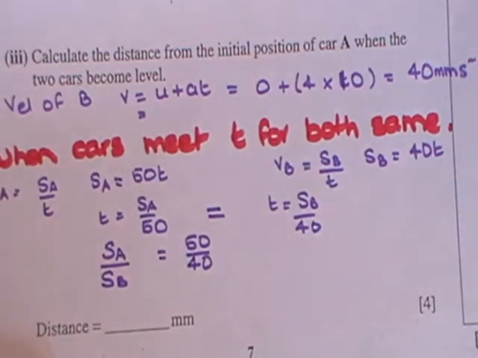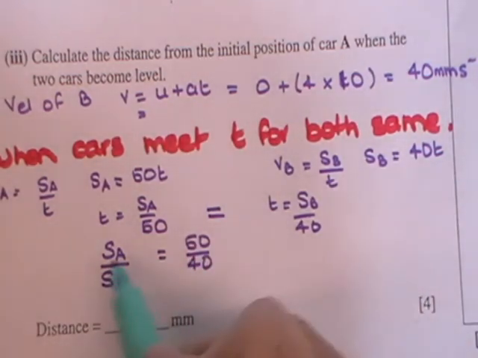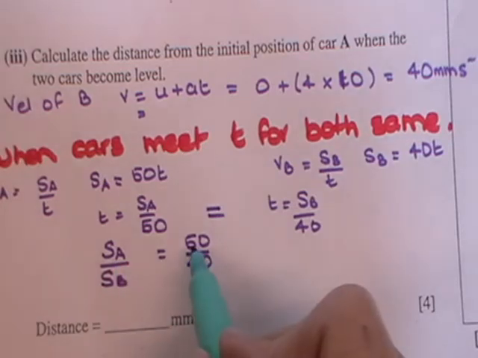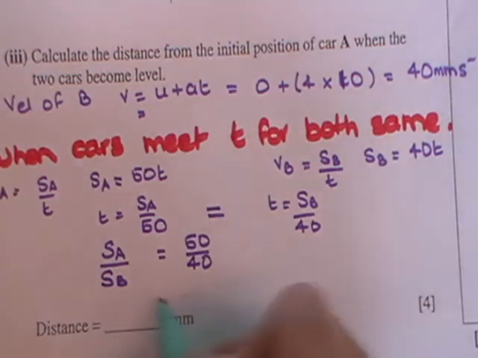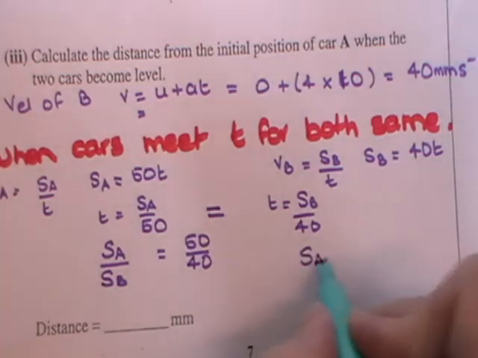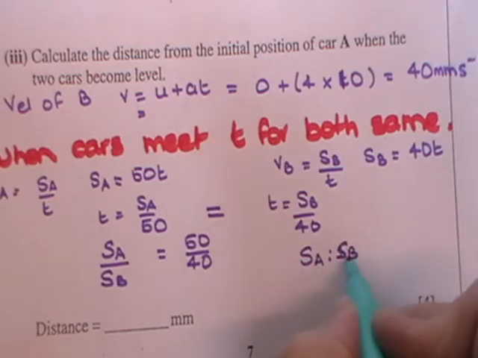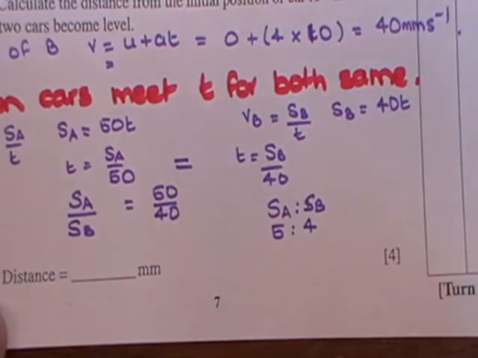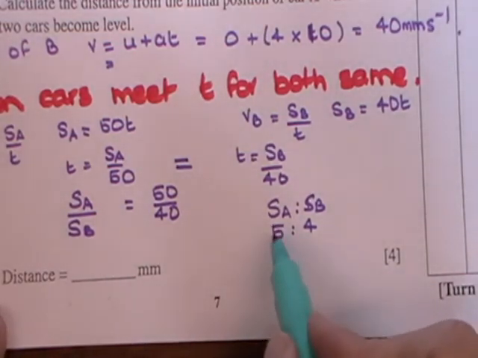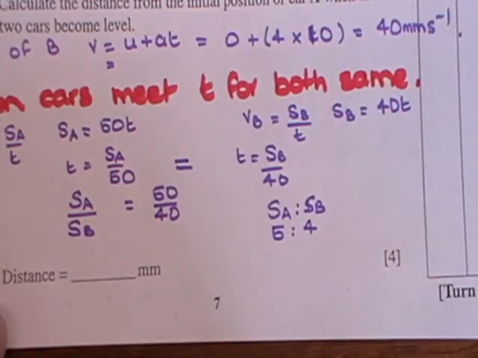In other words, there's a ratio of 5 to 4. So SA, the displacement that A has travelled, has a ratio of 5 compared to 4 of the 1,300 metres. So the ratio SA to SB is 5 to 4. So we have to split our 1,300 metres up into 9 parts and multiply by 5 to get the answer for A.